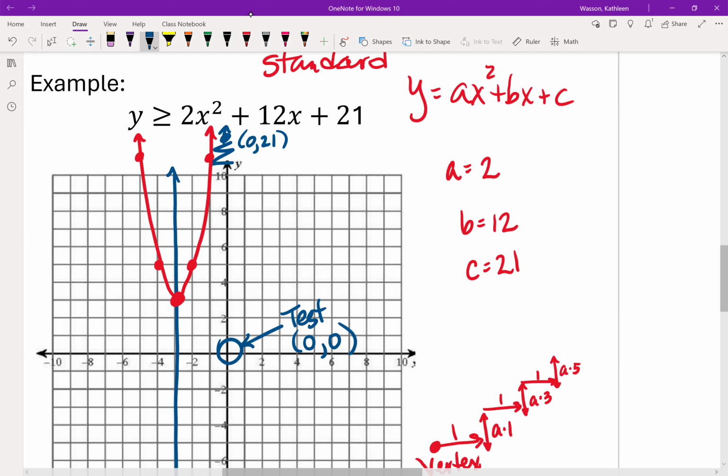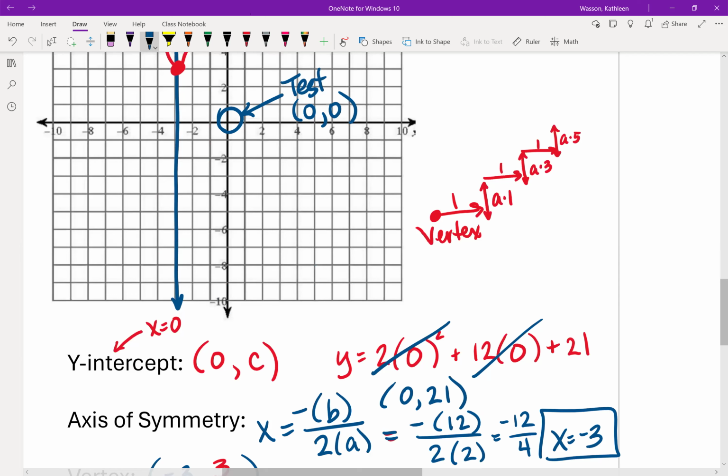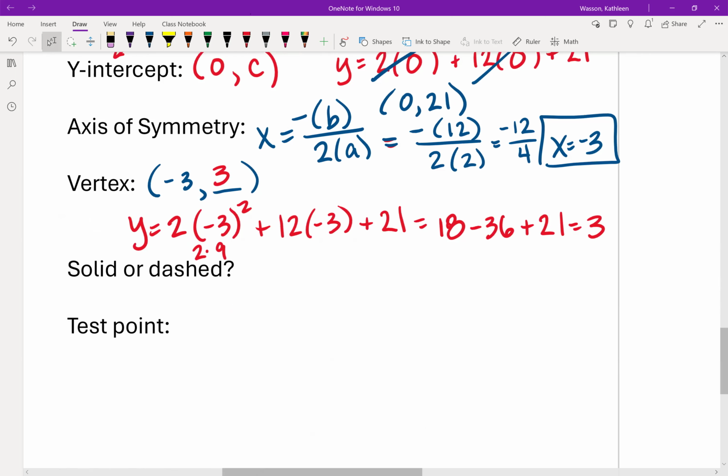Greater than, y is greater than, so your solutions are greater than, it should be inside this. That would be greater than the vertex, but we're testing anyway. 0, 0. We said this was solid.